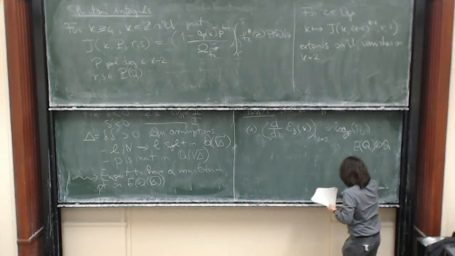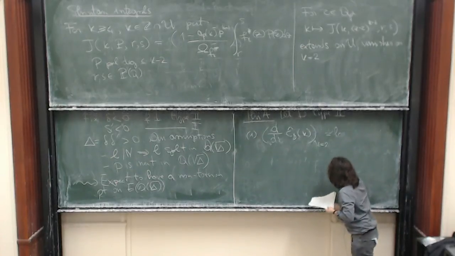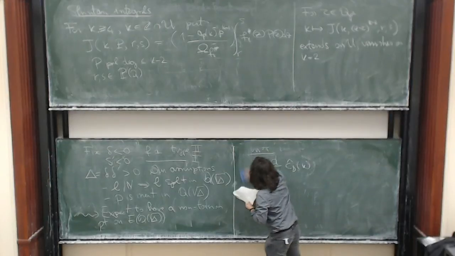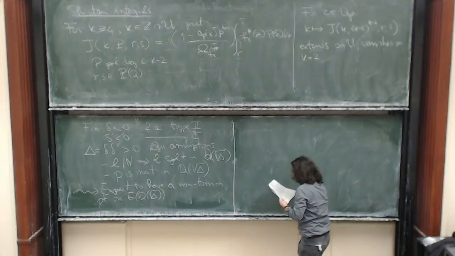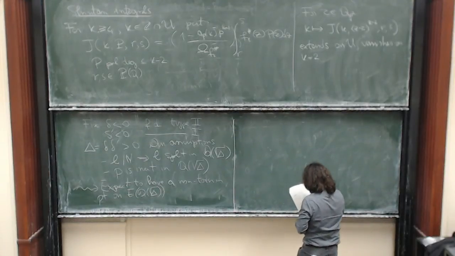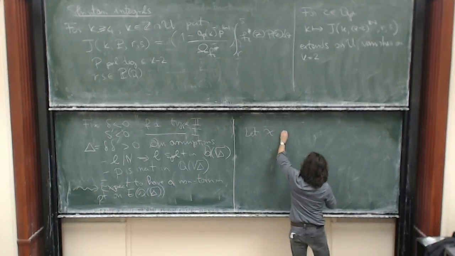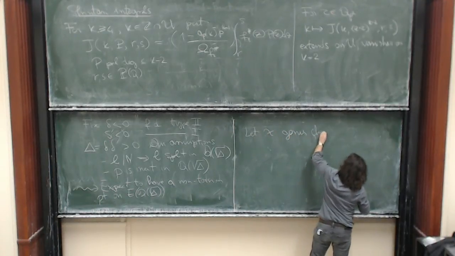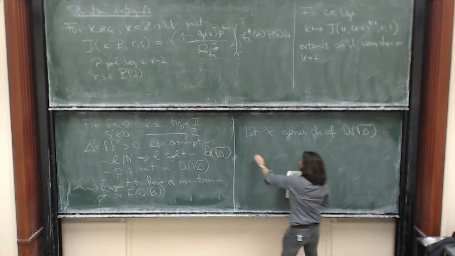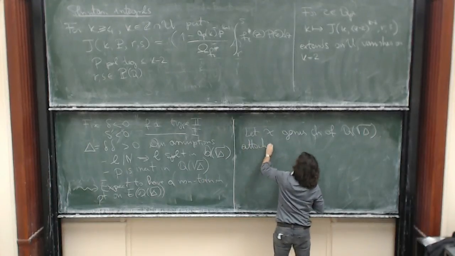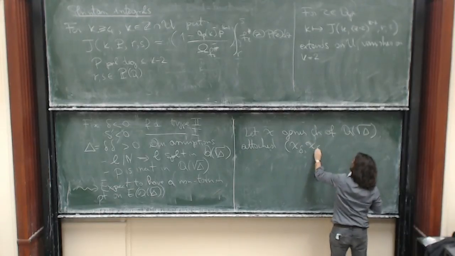As we observed before, because D is a discriminant of type 2. So, let now chi be a genus character of this real quadratic field Q square root of delta, attached to the pair of Dirichlet characters chi delta and chi delta prime.